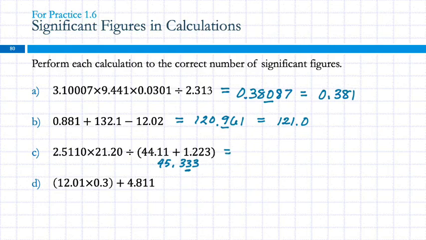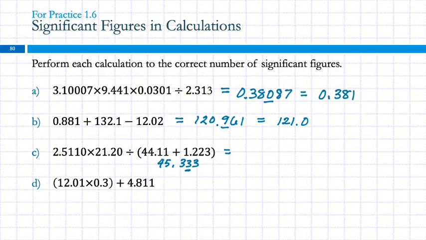Now I've got all multiplying and dividing, so I'm looking at number of significant figures. So 1, 2, 3, 4, 5 sig figs, right? And 4 sig figs. And here, we're not looking at all the digits I wrote down. We're just looking up to the underlined one. So that's 4 sig figs.